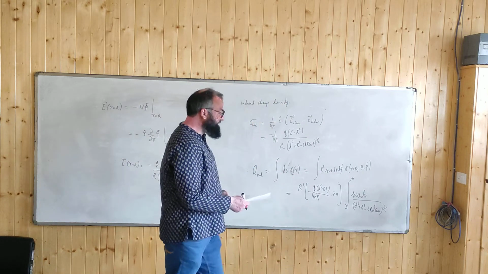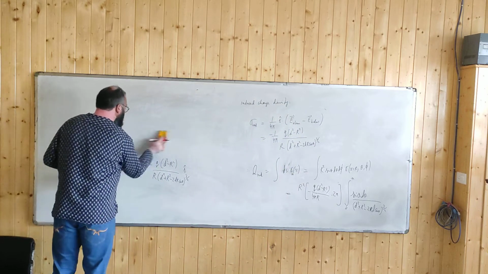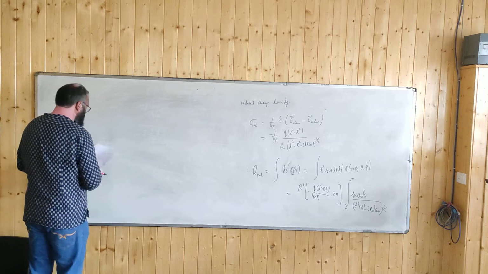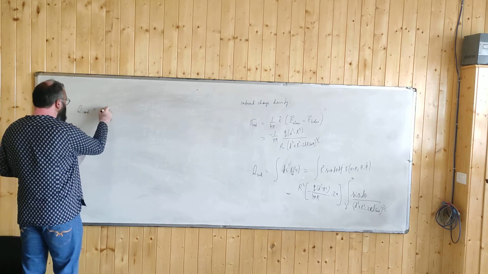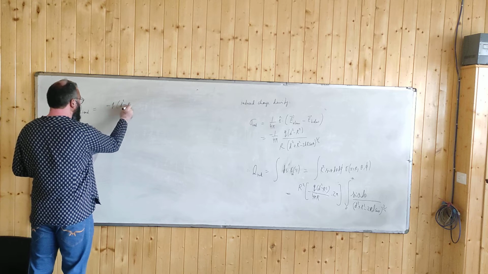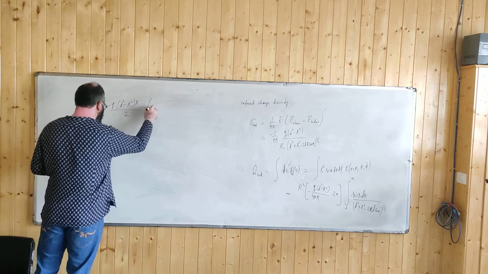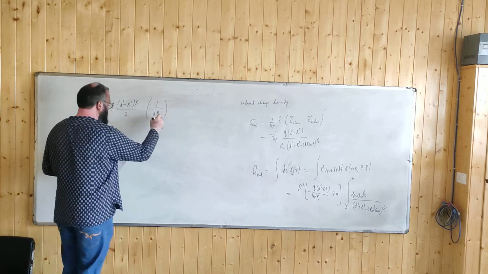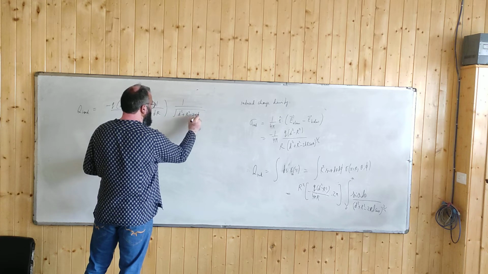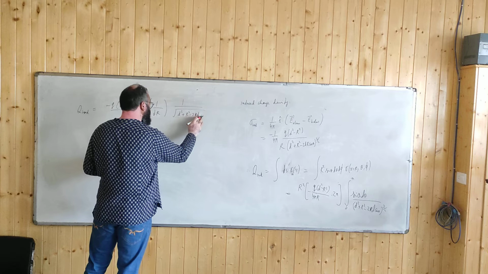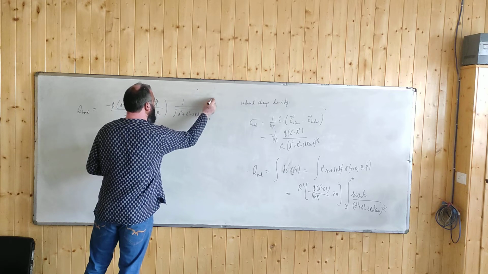It's a simple integration. So Q induced is minus Q into (D square minus R square) into R divided by 2, times 1 divided by R D, times the integration of this thing.